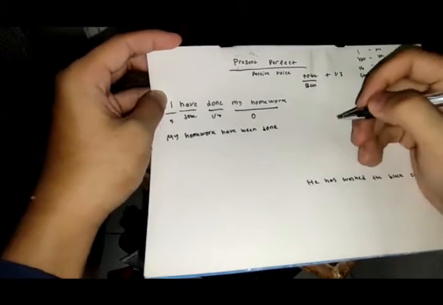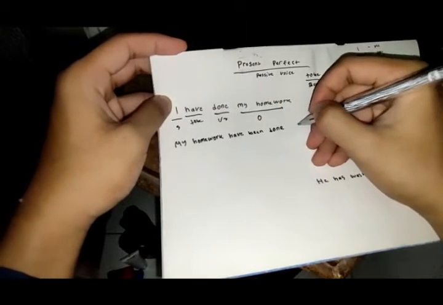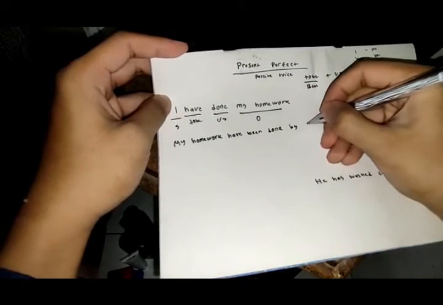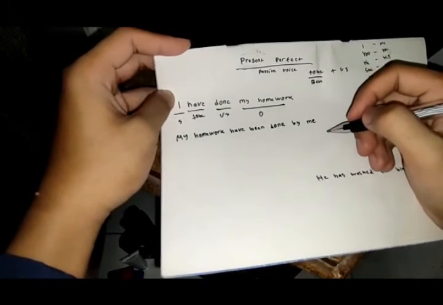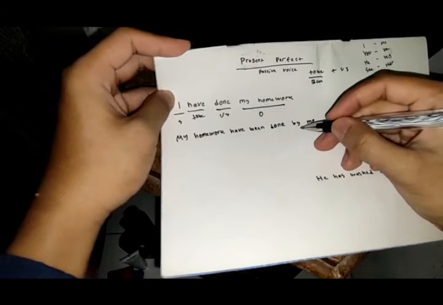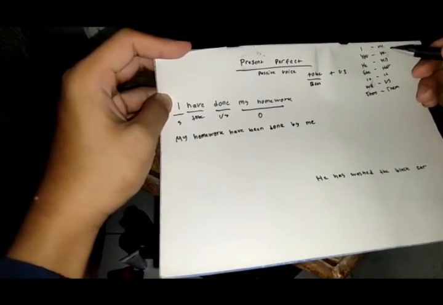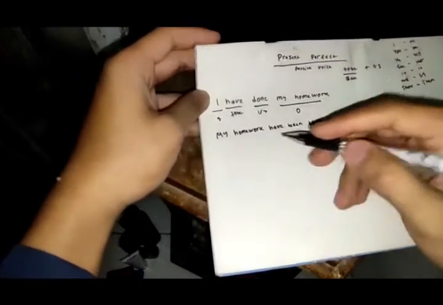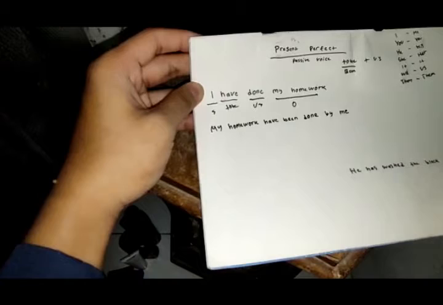Before that, put by before me. Why put by? Because of the pronoun object. I becomes me. This is a pronoun object. My homework have been done by me.